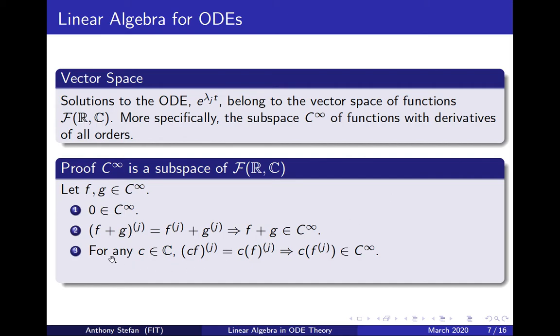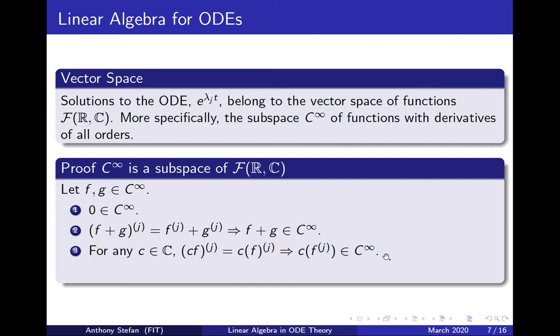Now we need to check scalar multiplication. For any scalar c, a complex number, c times our function f, the jth derivative of that, we know we can pull out a constant. And if we pull out the constant, it's clearly in C infinity.